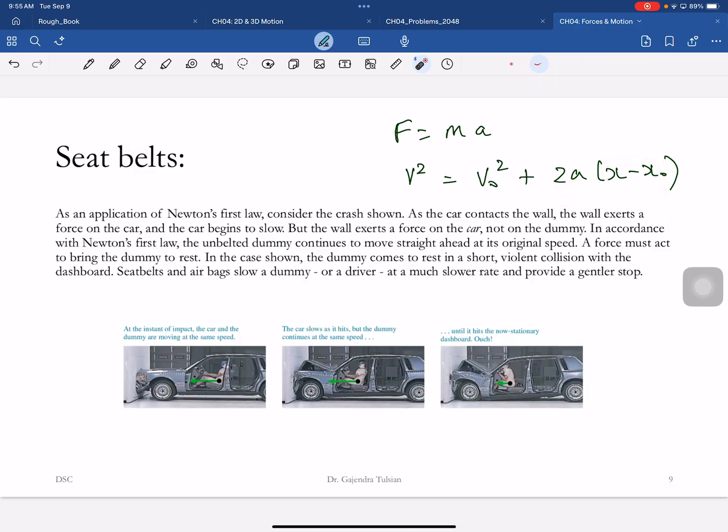Now here's the deal for your health. The larger the acceleration you undergo, the greater the forces that are acting on you, and the more damage to your body. You guys understand that? So large accelerations are not good. I'll give you an example.